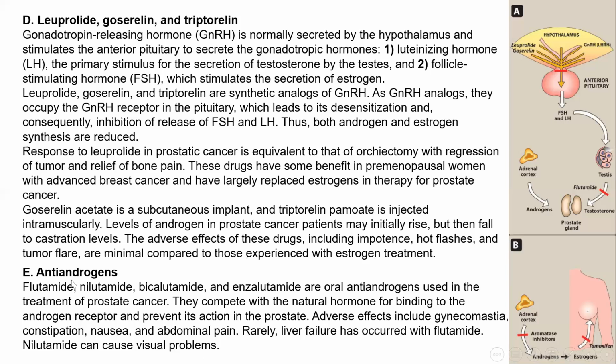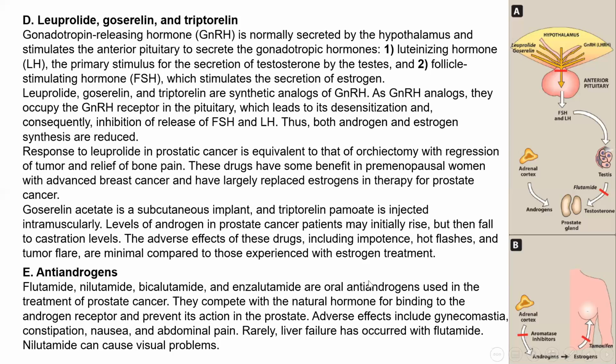Then we have the anti-androgens, and in this class we have certain drugs: flutamide, nilutamide, bicalutamide, and enzalutamide. All of them are oral agents, used now as tablets to treat prostate cancers. They compete with the natural hormone for binding to the receptors and prevent the action of androgens on the prostate.